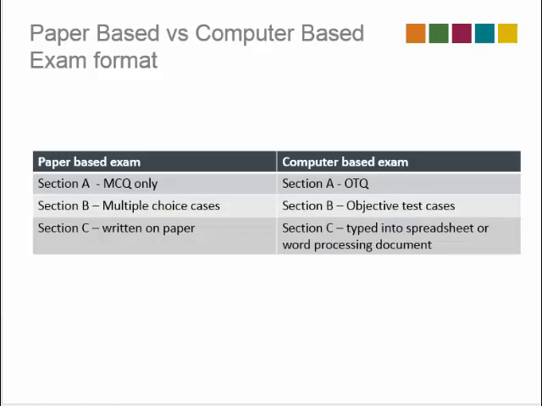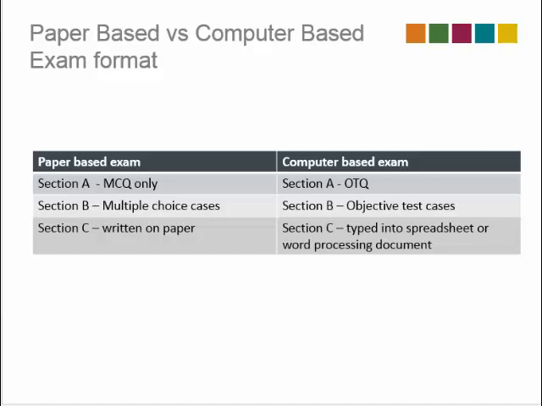The ACCA are rolling out computer-based exams from September 2016 for F5, and there are some slight differences in the exam format. However, the content and what you're going to be tested on remains exactly the same. For both exams then, Section A and B are very similar. It's just that the computer-based exams will have more different question types.